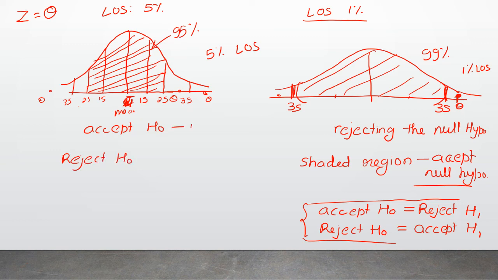So accept H naught in the shaded region, otherwise reject H naught. This shaded region is called the acceptance region, and the unshaded region outside it is called the rejection region. This part I had slightly explained in the class also.